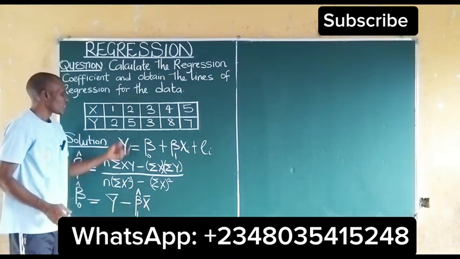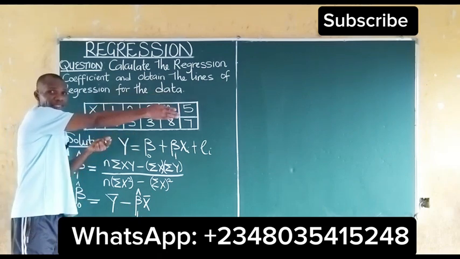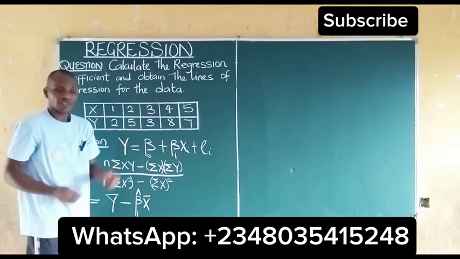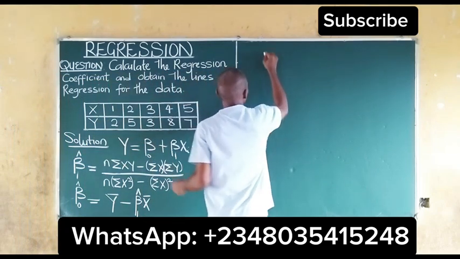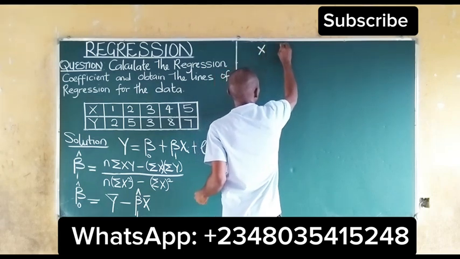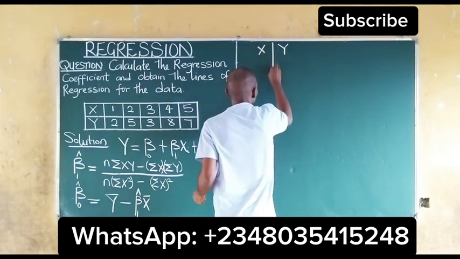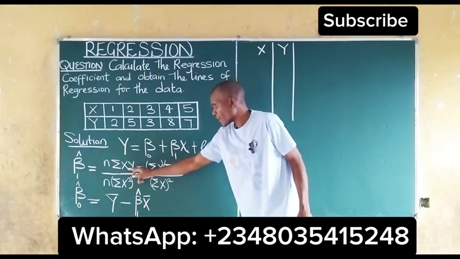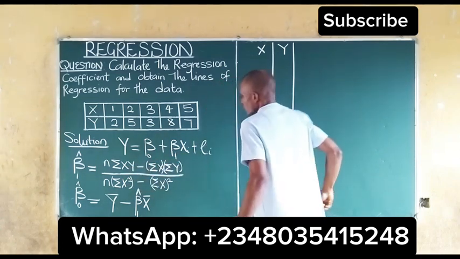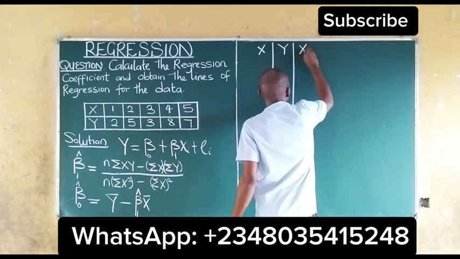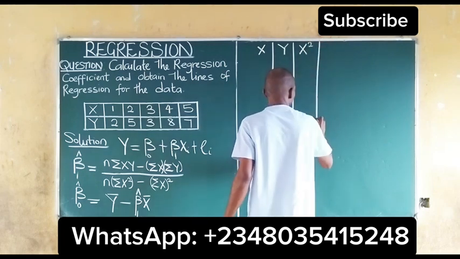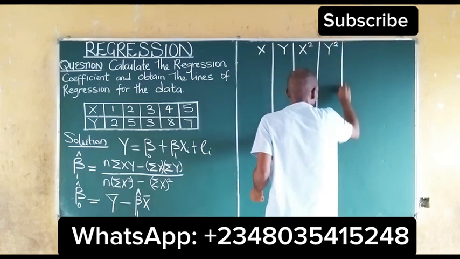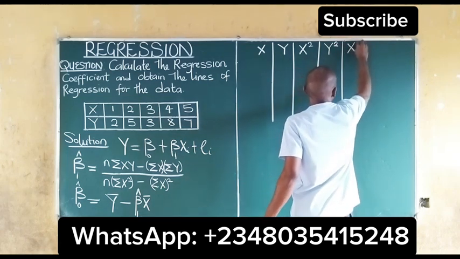So the next thing to do, since we have this data, we need to prepare it in order to compute all of this. So, preparing this data, we move over to this side of the board. Of course, we have x, we have y. We see that we have xy here, and we also have x squared here. So we put our x squared. Of course, we can also put our y squared, just for formality, and xy.